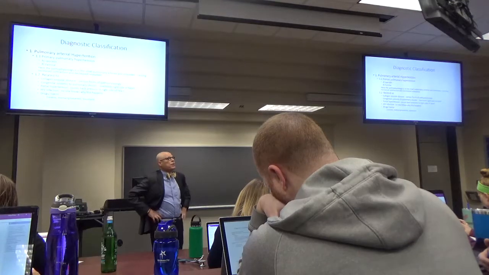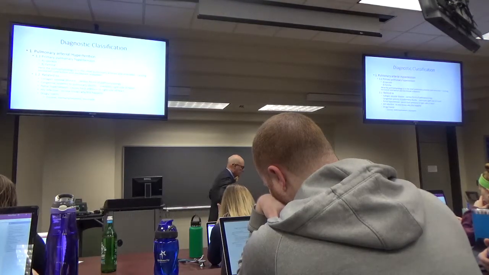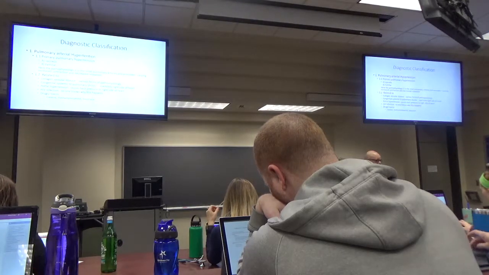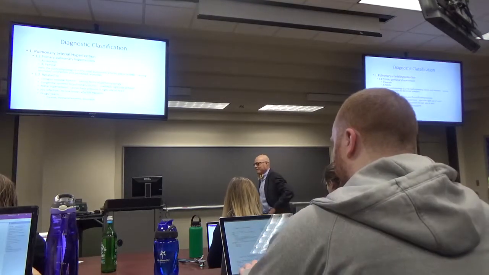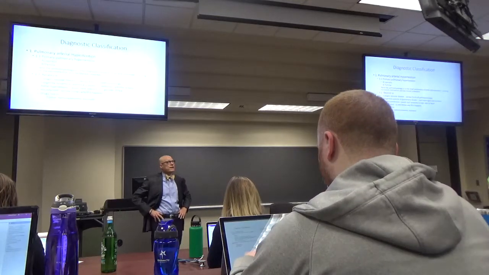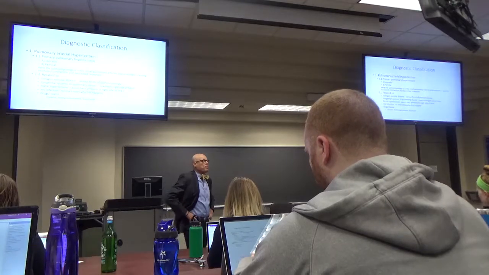Pulmonary artery hypertension is also related to collagen vascular diseases. Now, when I say collagen vascular diseases, it can be related to any of them. Lupus, rheumatoid arthritis, all of them. So collagen vascular disease. There are congenital systemic to pulmonary shunts.